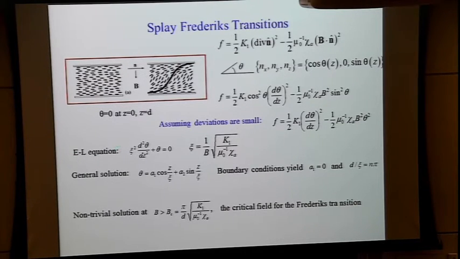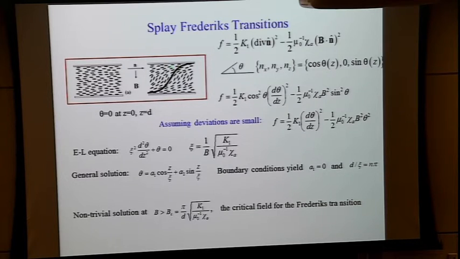It's a very nice equation. It tells you that there is some characteristic length if you divide the coefficients in front of the two terms. And this characteristic length is inversely proportional to the field and proportional to the elastic constant.